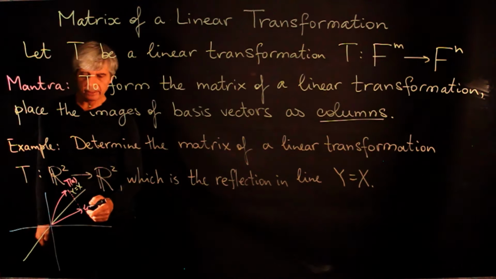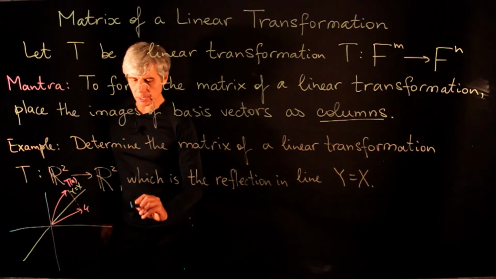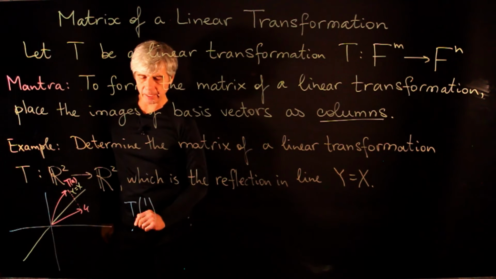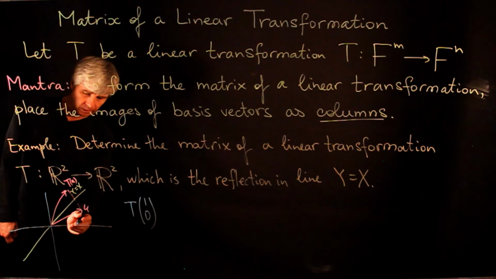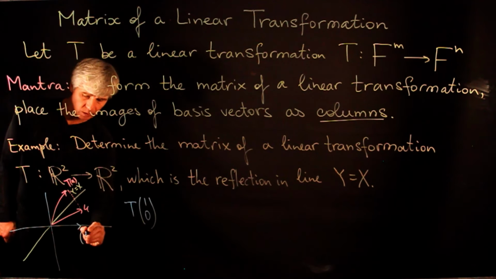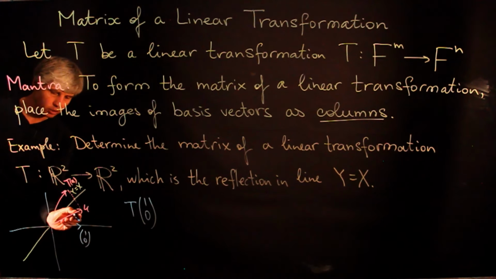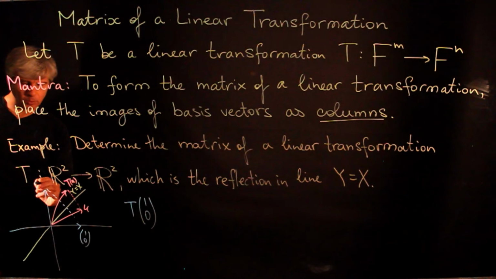Now, how do we find the matrix of this transformation? To obtain this matrix, we have to find images of basis vectors. So what happens to the first basis vector? This is the vector (1, 0). When we take its mirror reflection, it goes here, and we see that it reflects to the second basis vector, (0, 1).